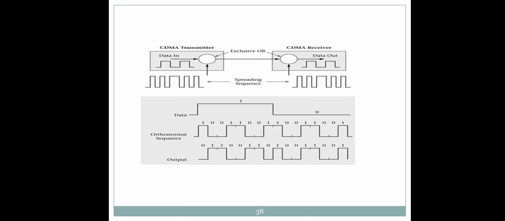So 1 and 0 are combined with the orthogonal sequences using exclusive OR: 1 XOR 1 is 0, 0 XOR 1 is 1, and again 1 XOR 1 is 0. This is how it is coded at the transmitter end, and the sequence is decoded at the receiver end.